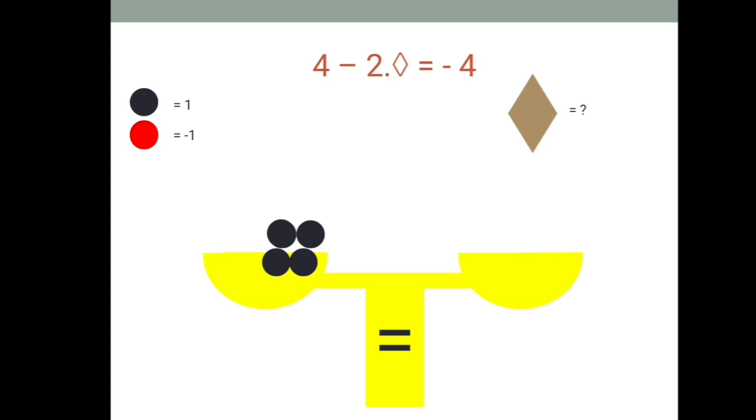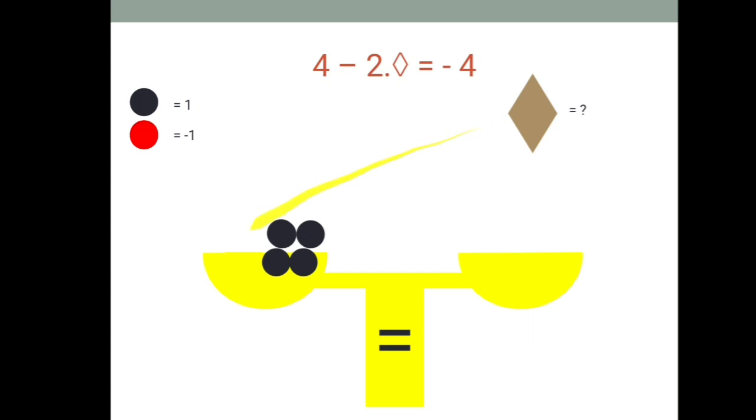But before that, let us critique the equation. If I put the brown rhombus in the left hand side, does it mean I put minus 2 rhombus?